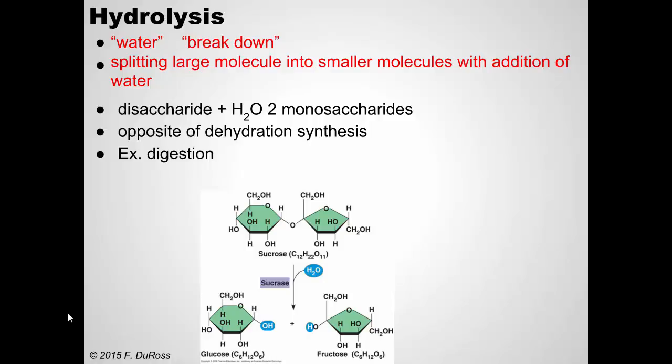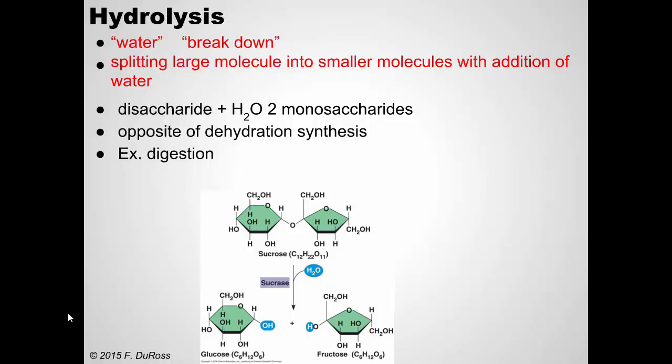If we take this disaccharide, two sugars, we add a water molecule and certain enzymes. You can see what happens to the water. An oxygen and a hydrogen are added here to this glucose, and the remaining hydrogen is added to the oxygen to form that hydroxide group.